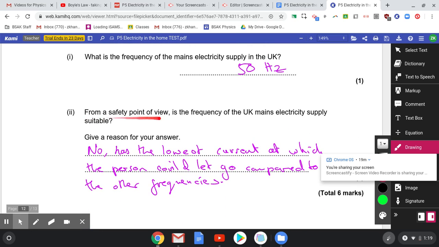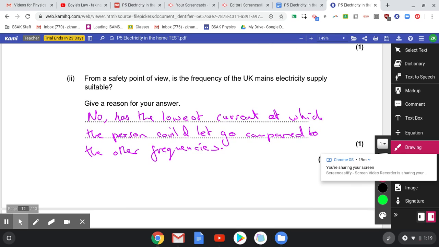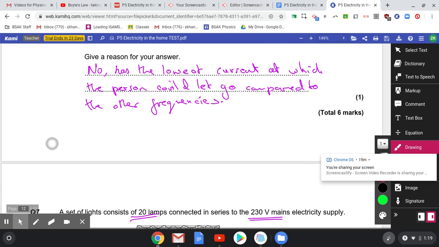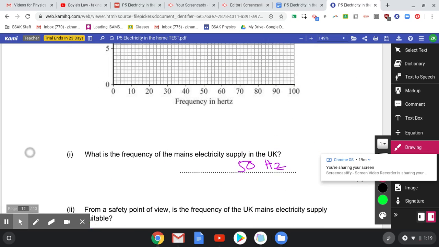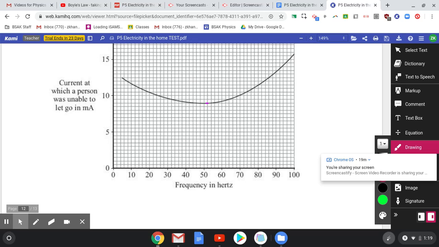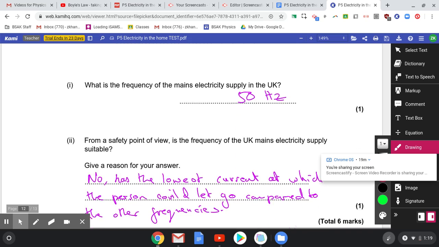From a safety point of view, is it suitable? No, because it has the lowest current at which the person could let go compared to the other frequencies. You could have said yes and said that these currents are not much different to this current, because it's milliamps, tiny.